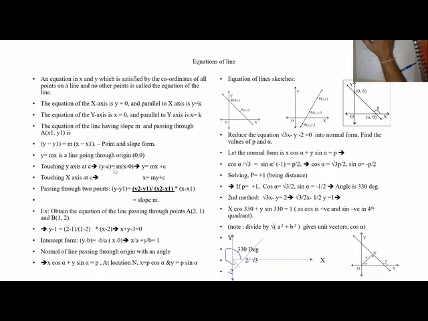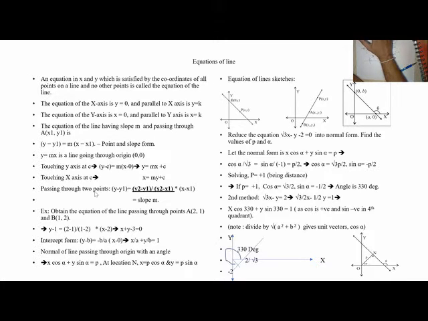So y minus y1 is equal to m into (x minus 0). So this is y is equal to mx plus c. Touching the x-axis at c, the point is (c, 0). So m into (x minus c) is equal to y, so it becomes x is equal to my plus c. So we have to substitute this point into this equation: (x1, y1). Touching the y-axis, (0, y). Touching the x-axis, (x, 0). We substitute the point into this and we get the equation.